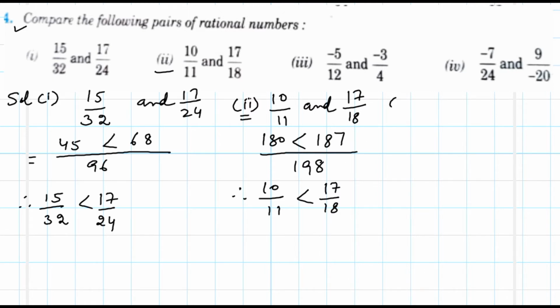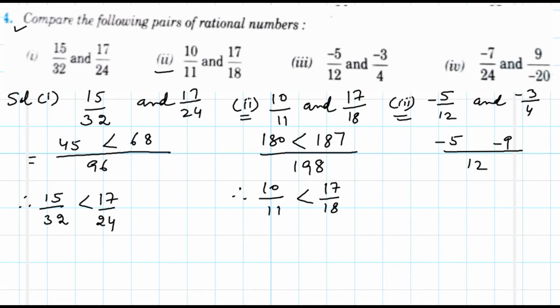Now we will move on to the third. Minus 5 upon 12 and minus 3 upon 4. So they are divisible by a common table, and the bigger one is 12. So 12 would be the LCM. So 12 times 1 is 12, into 5 minus 5, and 4 times 3 is 12, 3 times 3 is 9.